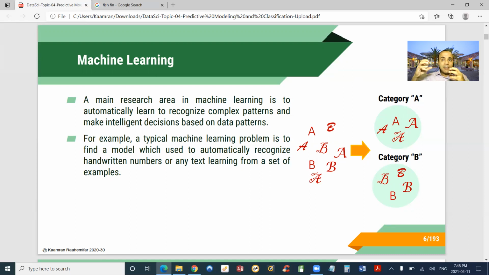If you can make the perfect set, category A and category B, and there is nothing here that is going to be mistaken as B, and there is nothing here that is going to be mistaken as A, we are going to call them pure. This is pure A. This is pure B. And purity and impurity is the subject of this lecture series.